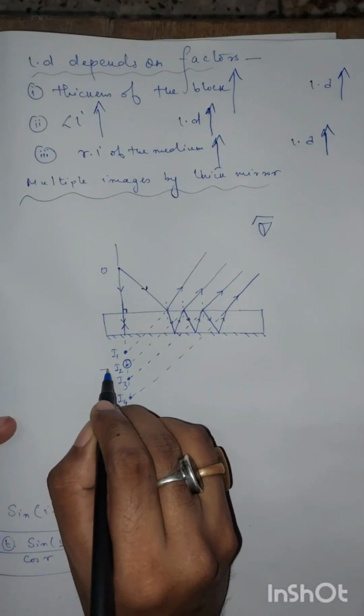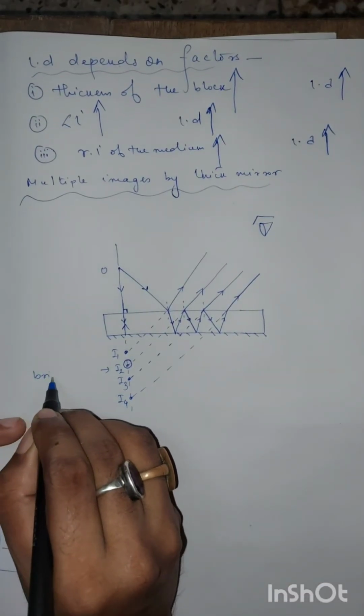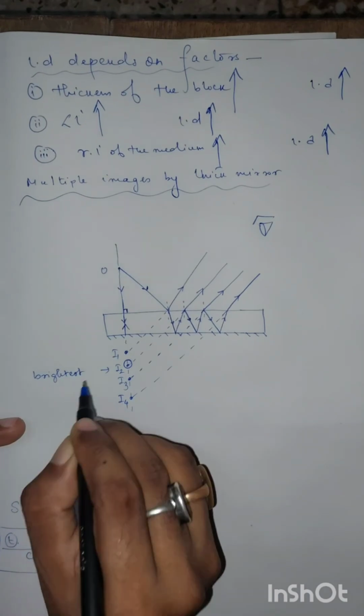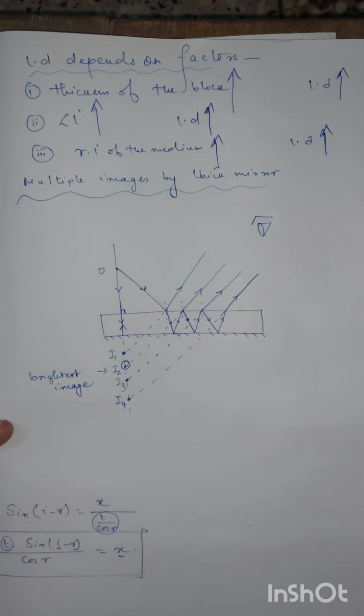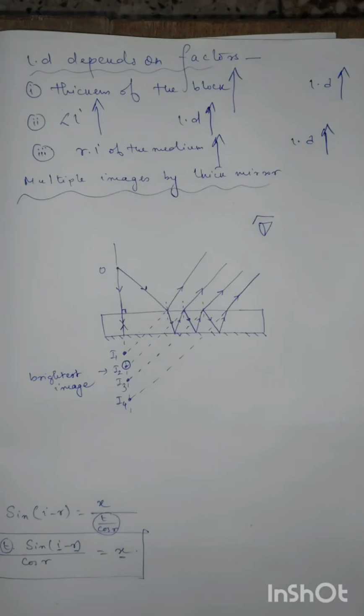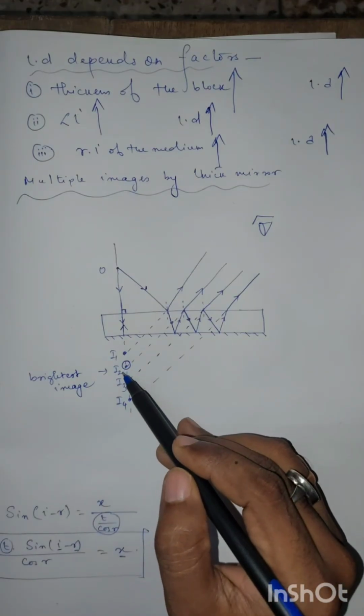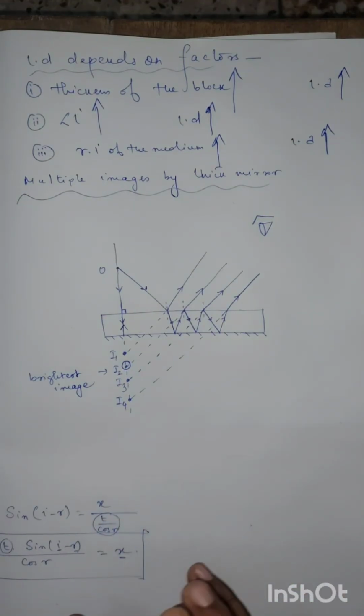I2 is the brightest image. And as we go downwards, the intensity of the images will keep on decreasing.